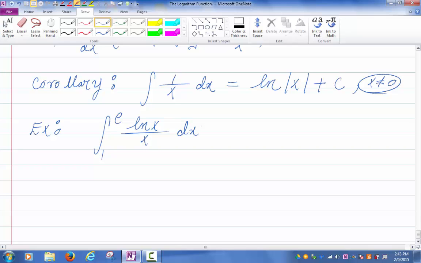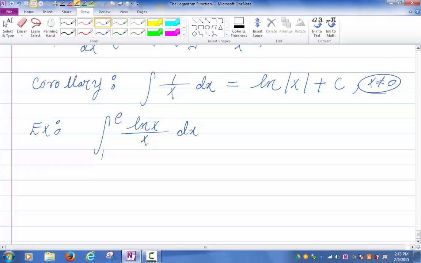What is that integral? Oh, e is the number for which ln of e is 1. The definition of e is that e is the domain value of ln for which ln is 1.